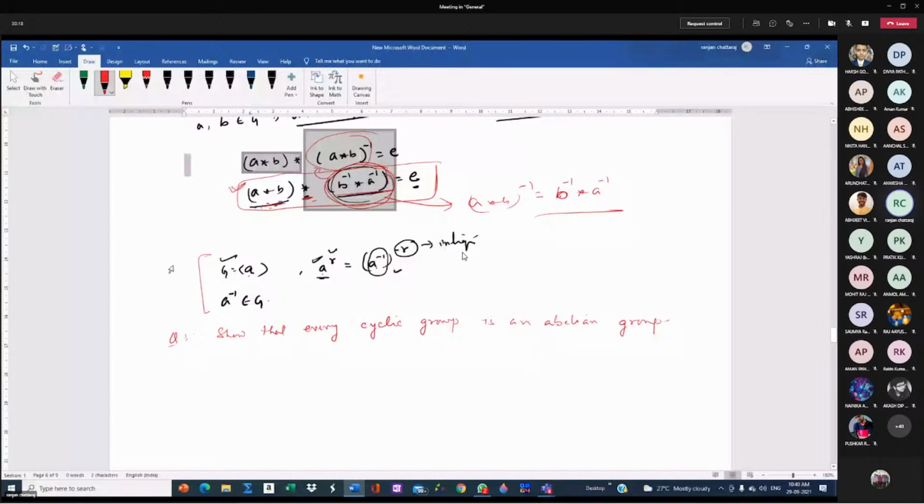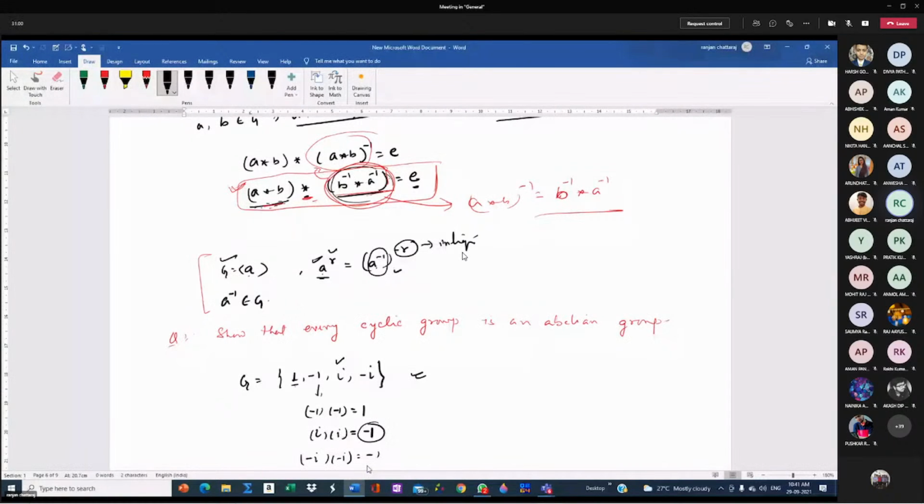But i into i is minus 1, so it is not the identity. So i is not the inverse of itself. Similarly, minus i into minus i is also minus 1. But minus i into i is 1. That means the inverse of i is minus i, and the inverse of minus i is i.